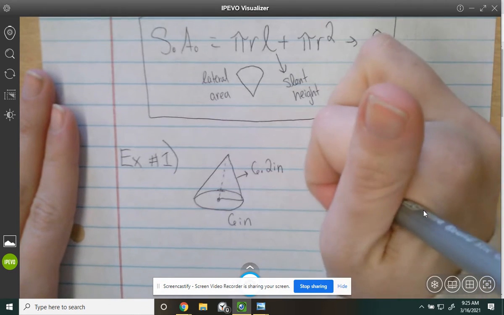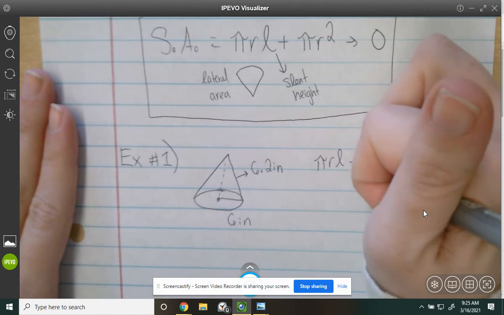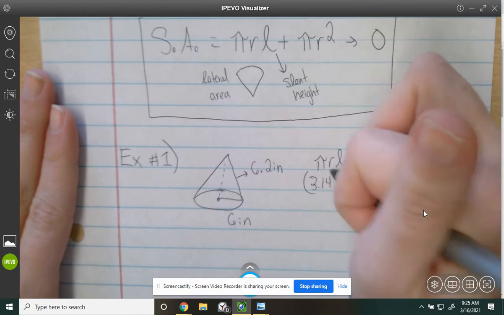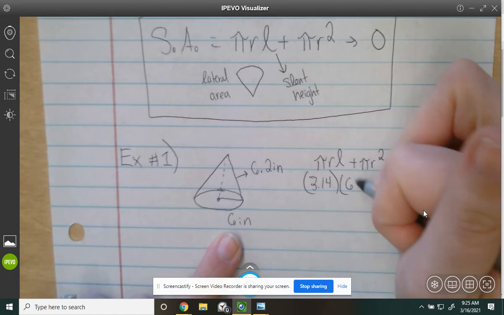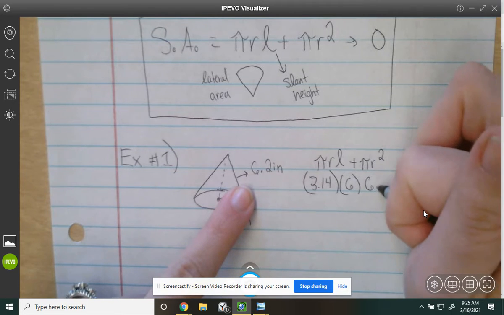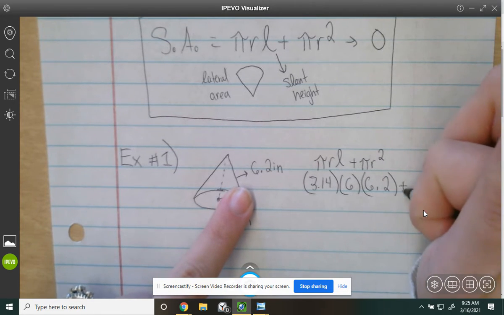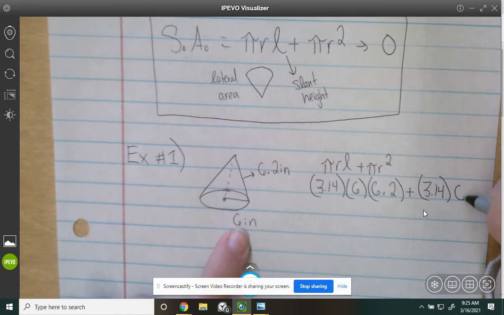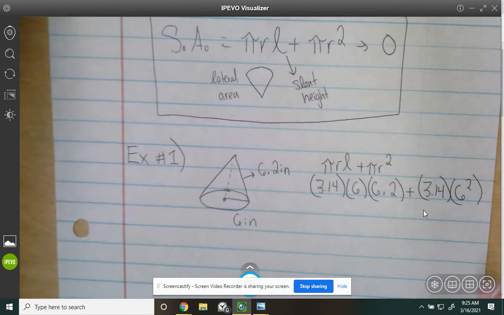Okay, so we're going to write out our formula. We got 3.14. My radius is 6. My slant height is 6.2. 3.14. And then my radius is 6, so I got a square 6.